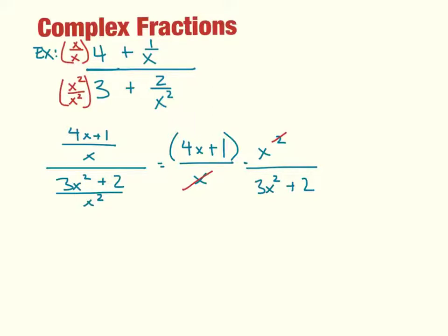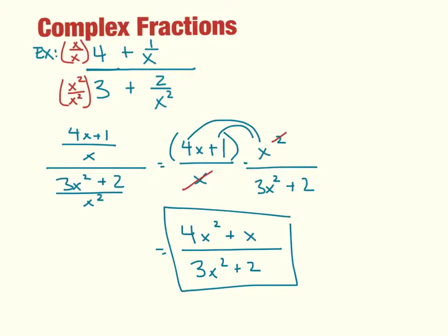So this comes out to 4x squared, because this x is distributed to both, plus x over 3x squared plus 2. Of course, I would check and see if I could cancel anything else, but I can't. All right, and that's how we will combine rational functions.